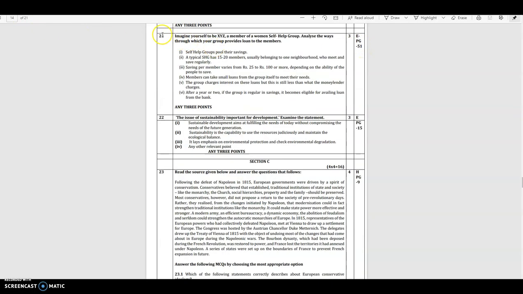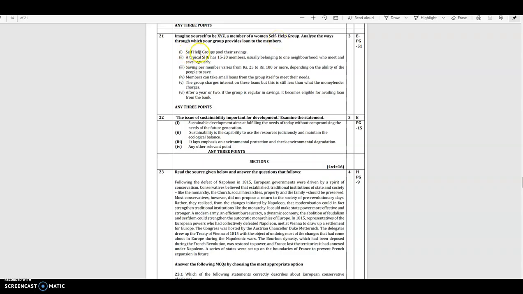Then next question, question number 21. Imagine yourself to be XYZ, a member of a women's self-help group. Analyze the ways through which your group provides loans to the members. So this question is related to our self-help group, economics chapter 3, money and credit.